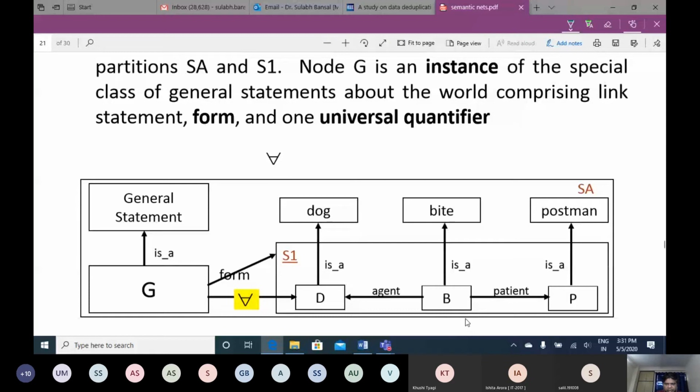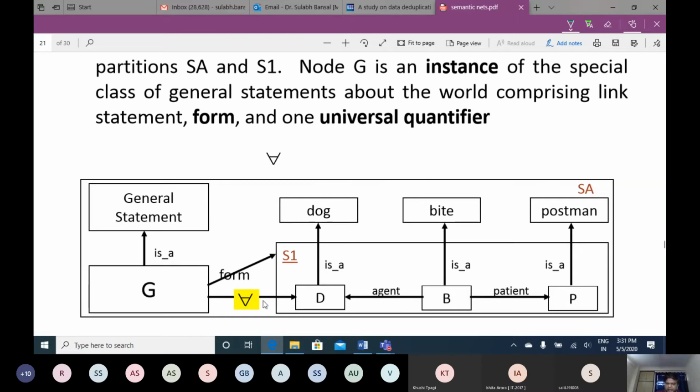So D, B, T. So in this case, we have identified S1, which is a partitioned network, which represents only the relation that a particular dog has bitten a particular person. So this partition is talking about a particular instance of a general statement.